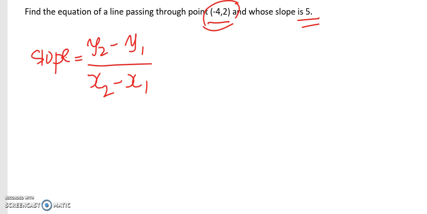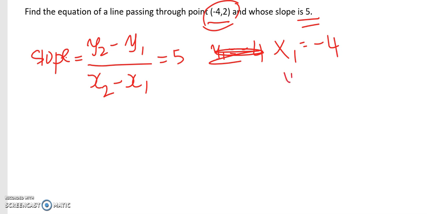So here it is given that slope is equal to 5. Okay, now we know 1 point. Let's take x1 equal to minus 4 and y1 equal to 2.